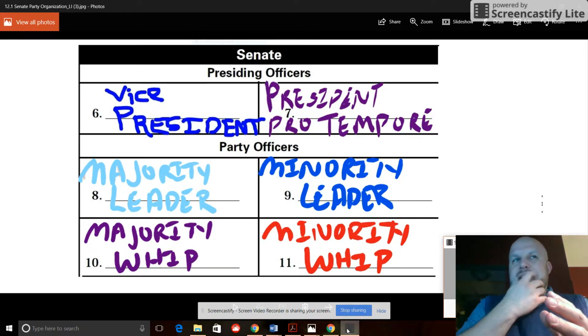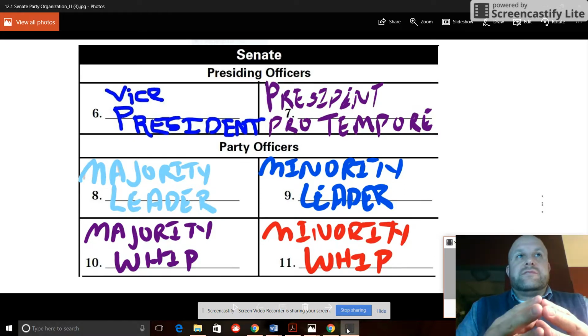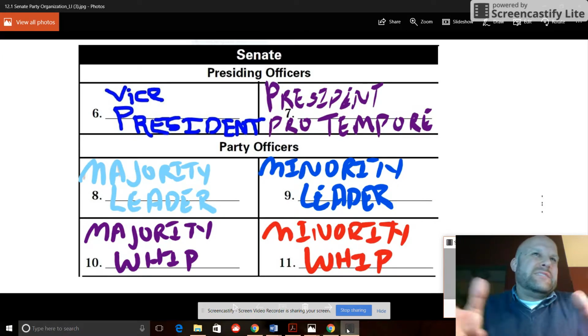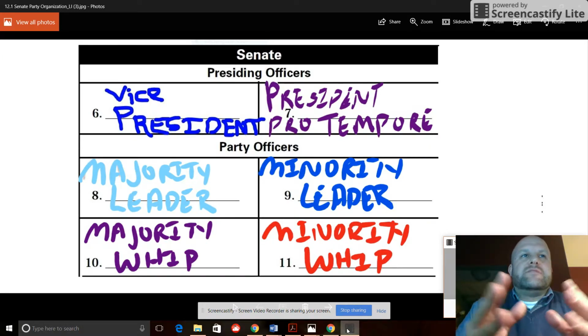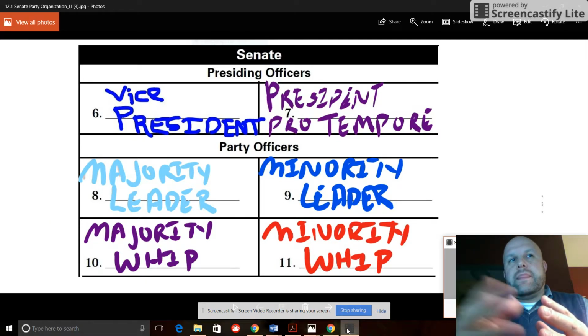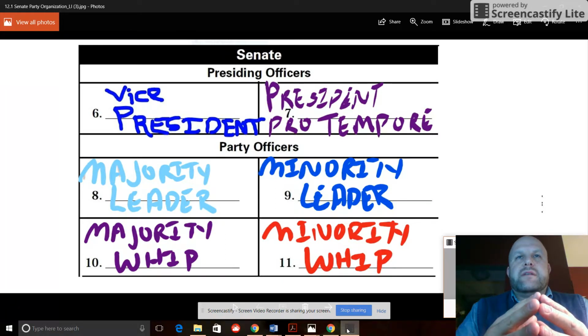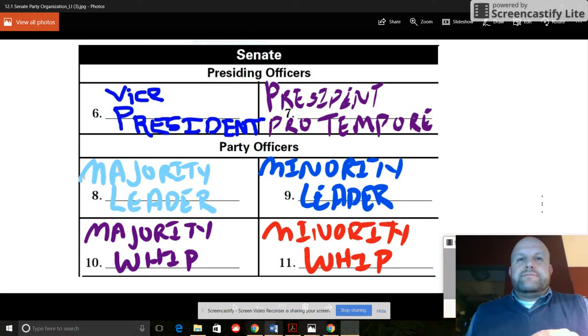Then you've got the party officers here who are actually very influential: the majority leader, almost acting like the Speaker of the House in the Senate, assisted by the majority whip. And on the other side, the minority leader and minority whip. These are the party officers, typically the most influential members of Congress, especially if they're in the majority.